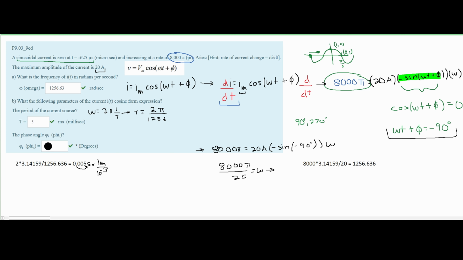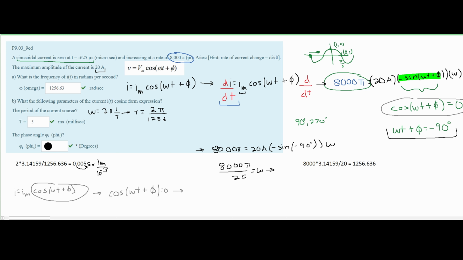Now we need to find the phase angle in degrees. To find this, we are going to look back at this original formula right here, and we're writing it like this. So now we are going to look for our sinusoidal current at negative 625 microseconds. If we rewrite it like this, we know we can just look at this part since we have this equation that we wrote earlier. In writing this, we can take the arc sine of both sides.